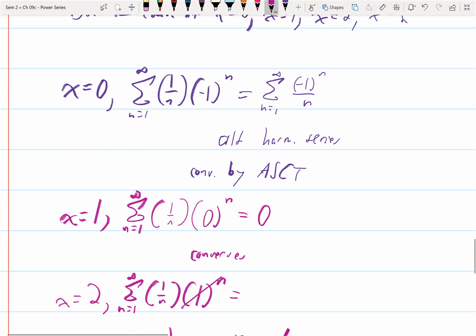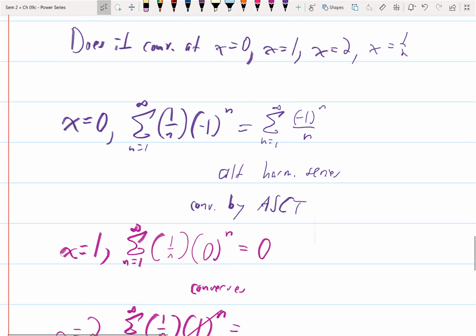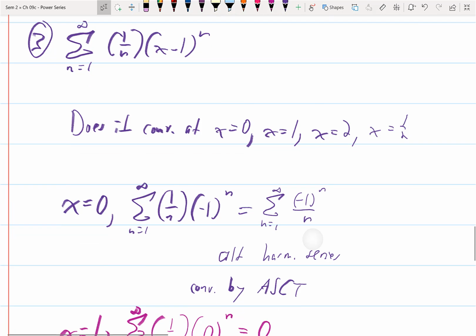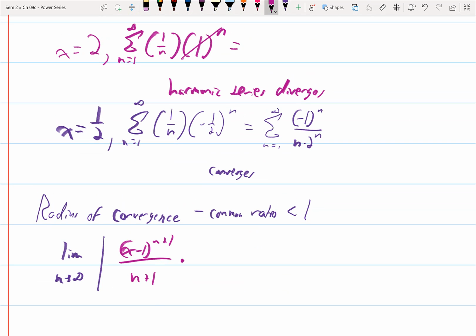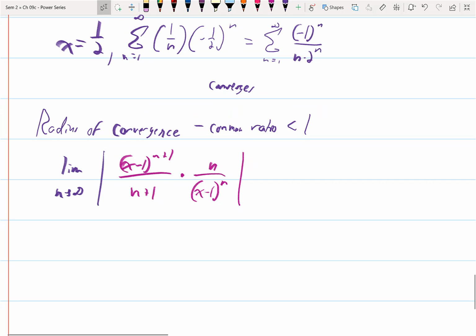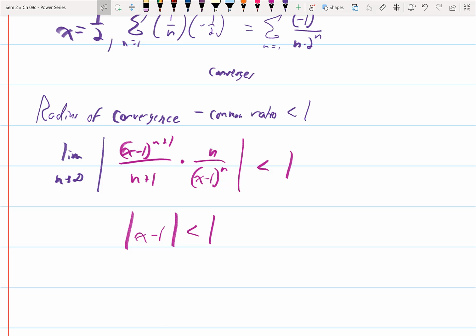So this is just basically the ratio test. Looking way back up at mine, x minus 1 to the n plus 1 over n plus 1 times the reciprocal n over x minus 1 to the n. And I want this to be less than 1. So as n approaches infinity, what I in effect get is x minus 1. And so basically this happens when the absolute value of x minus 1 is less than 1.